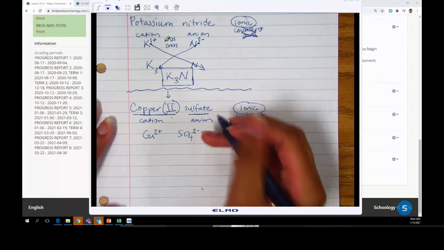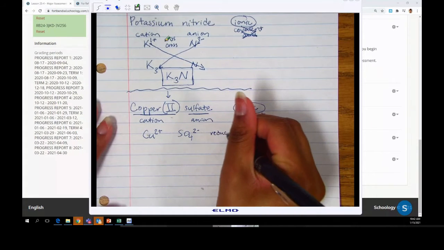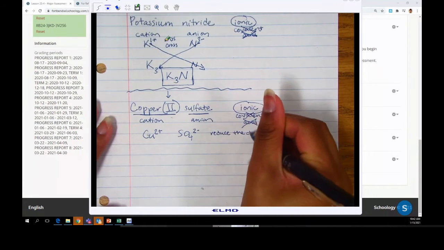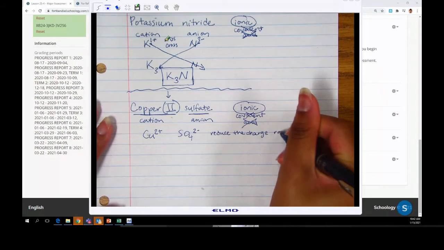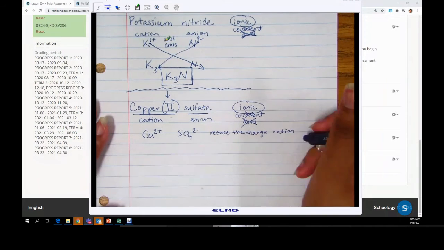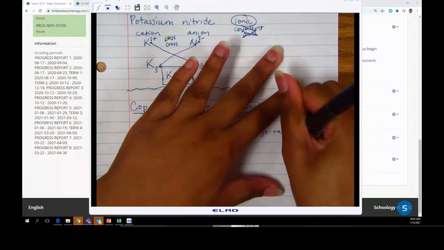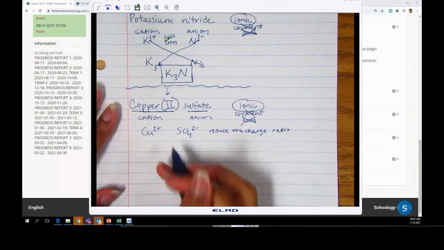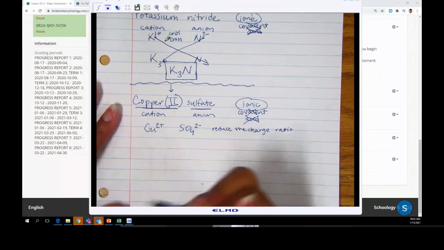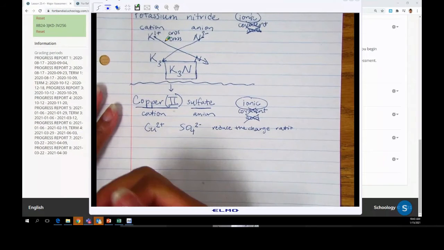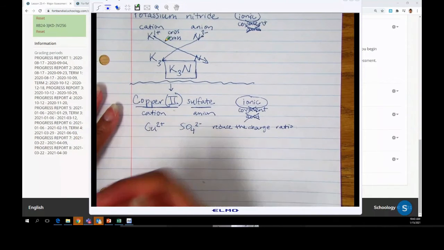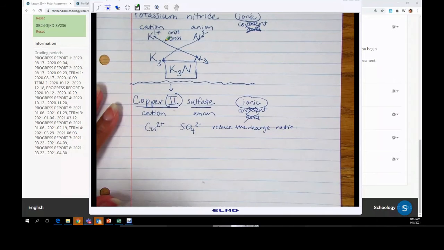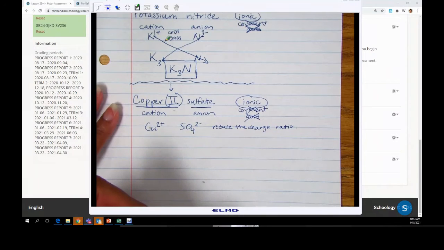What I'm going to have to do here is reduce the charge ratio. Basically, kind of like a fraction, it's like having 2 over 4, right? Both the 2 and the 4 are divisible by 2, such that we could reduce the fraction down, like in math.